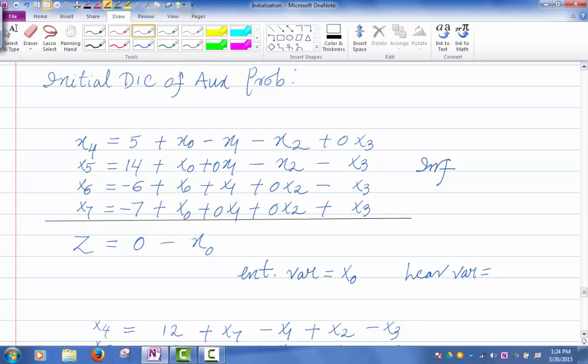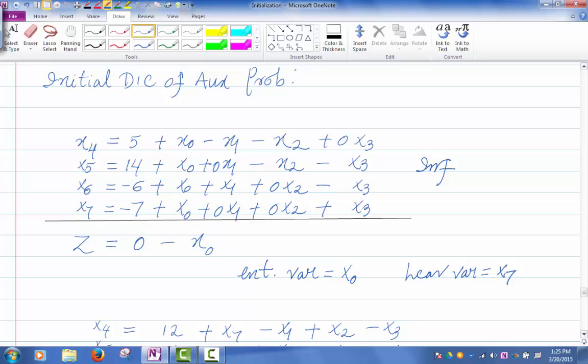And then the leaving variable will be the one with the least value. So if you look at x4, x5, x6, the value of x4 is 5, x5 is 14, x6 is negative 6, x7 is negative 7. So x7 would be the leaving variable, with the largest negative number there, right? The basis variable associated with the largest negative constant on the right hand side.